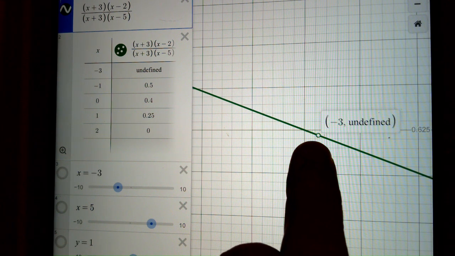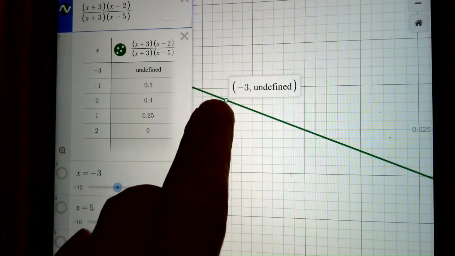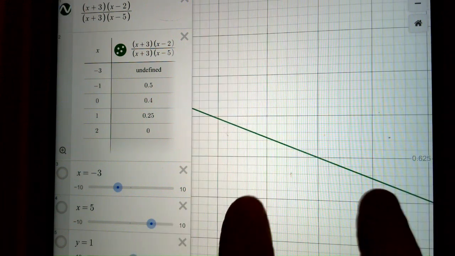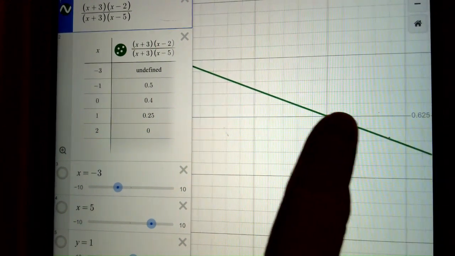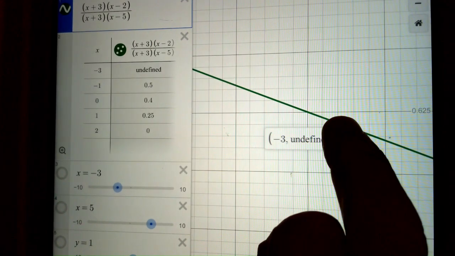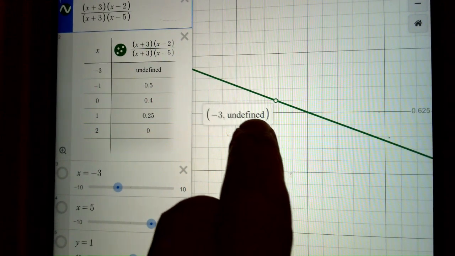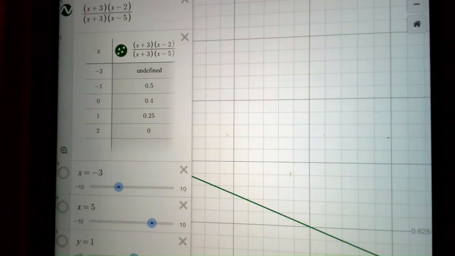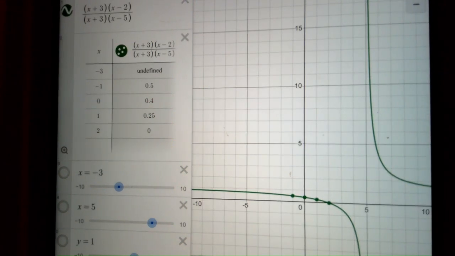If I move off, I'm zoomed in so far, it still thinks everything is negative 3. It's not even giving me decimals on the bottom. Let's just zoom back to home. Okay, now we have dots on there. Obviously negative 3 is not going to be placed on there because it's a very, very teeny tiny gap.